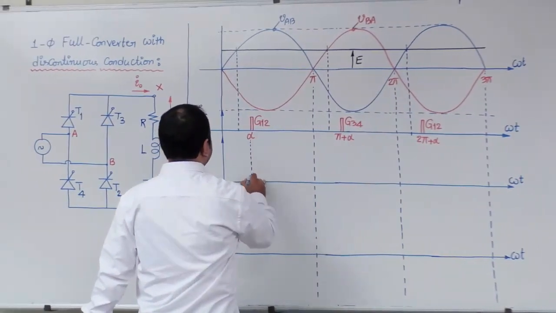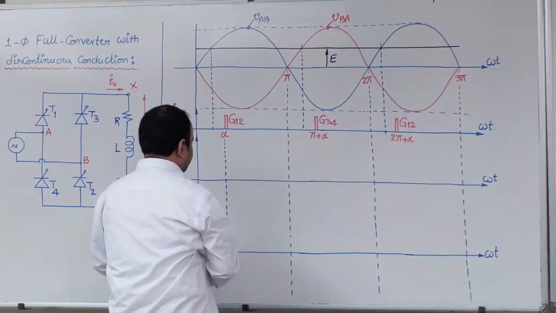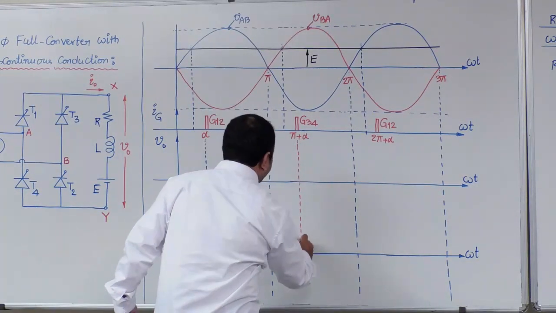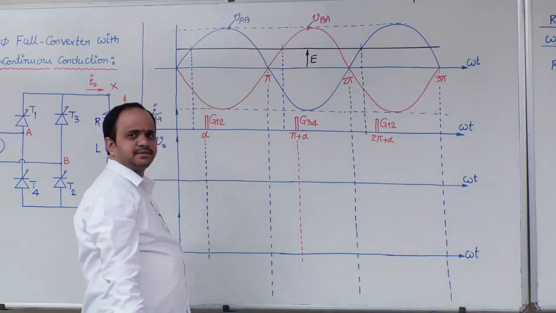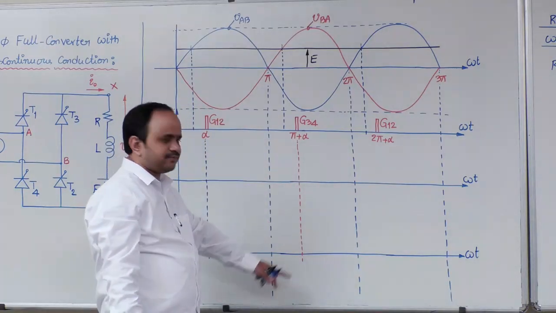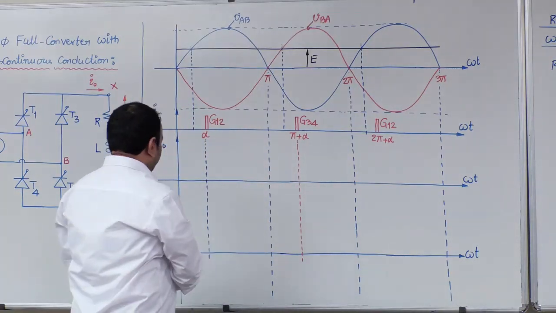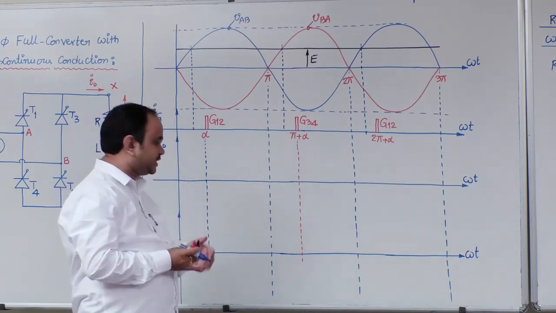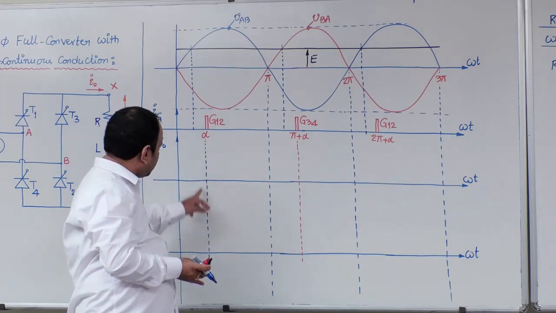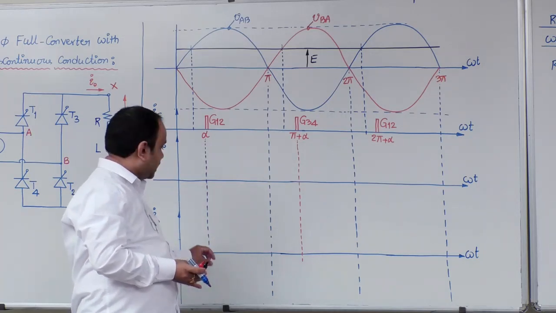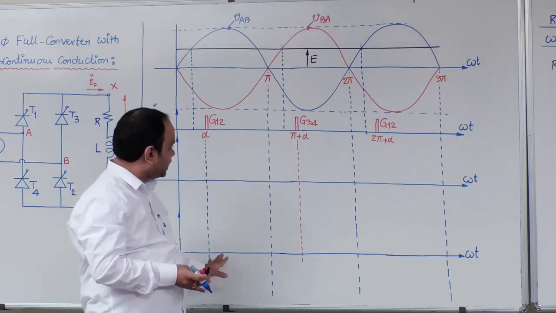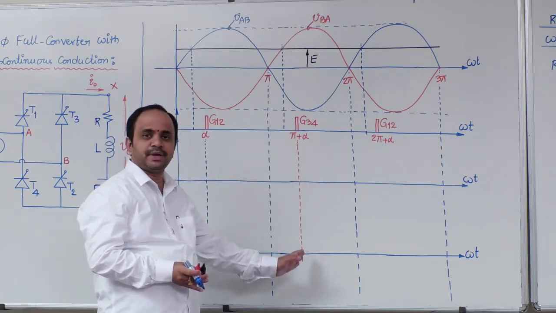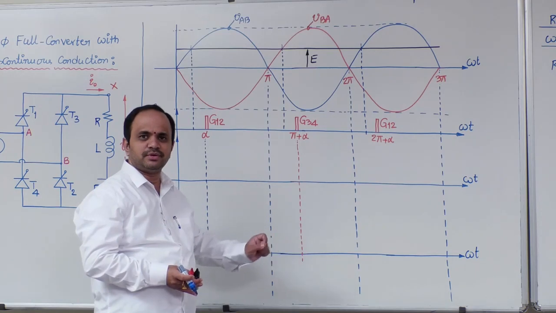Now here T1 T2 pair is triggered at alpha, T3 T4 pair is triggered at pi plus alpha, right? So from alpha, see in our continuous conduction what we discussed, the T1 T2 pair is triggered at alpha and that pair was in conduction until the next pair started conduction because of the heavy inductive property of the load.